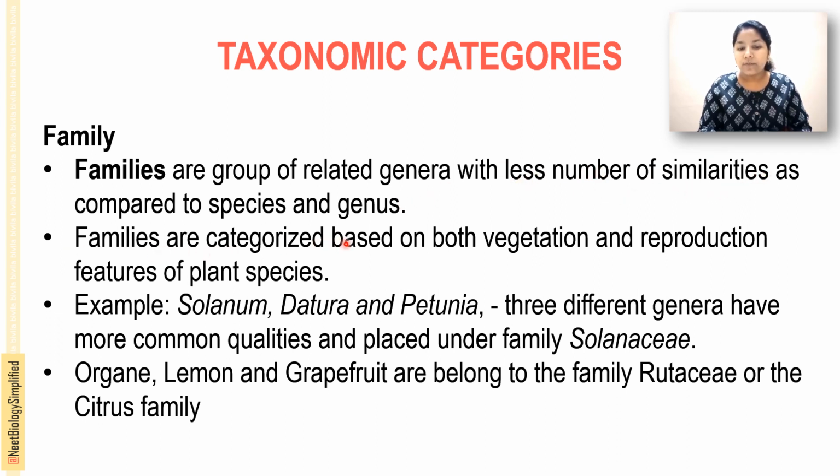Families are classified based on both vegetative and reproductive features of the plant species. For example, Solanum, Datura and Petunia are three different genera that have more common qualities and are placed under the family Solanaceae. That is, these three are different genera but come under a single family, Solanaceae.